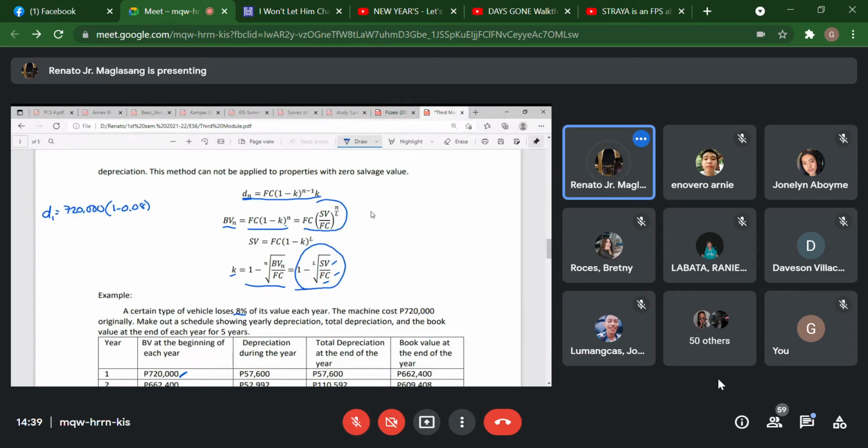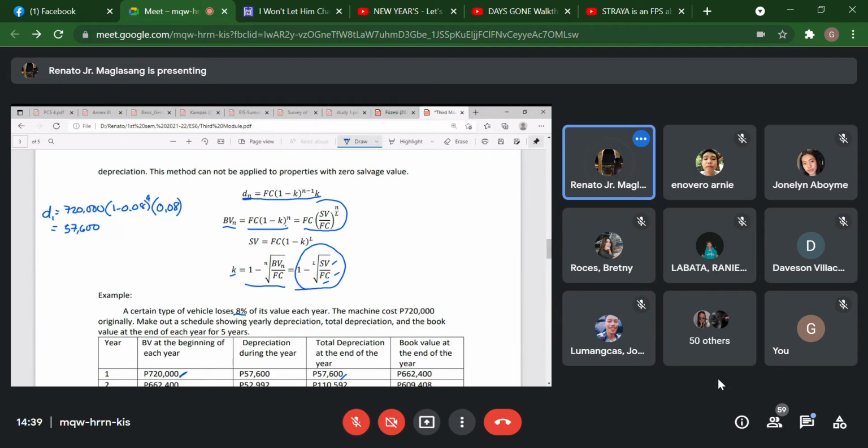Okay, so 4 times 0.08. So we have here 57,600. Since this is the first year, the total depreciation at the end of the year is also the same.